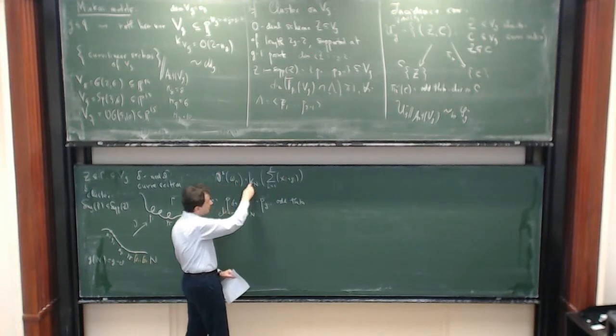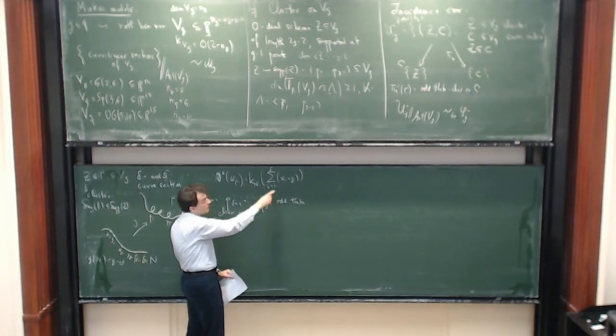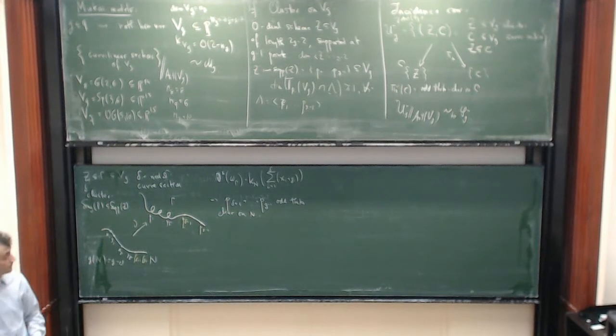And then there is 2 times P delta plus 1 plus and so on up to 2 times P g minus 1. Because of this formula, this is just a theta characteristic on the normalization. So, to summarize, a cluster on the delta nodal curve is essentially just a theta characteristic on the normalization.